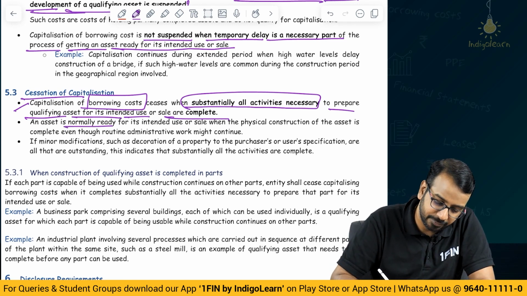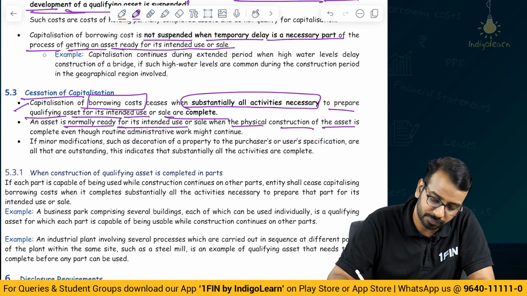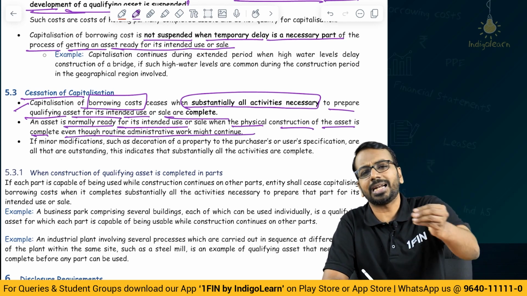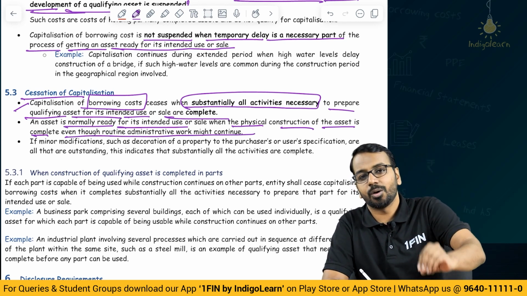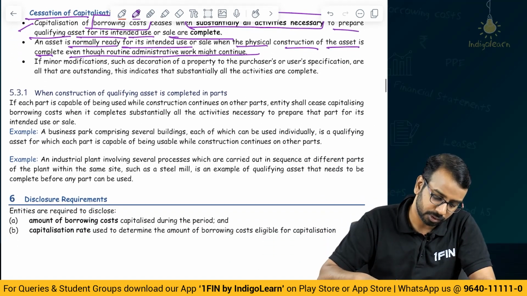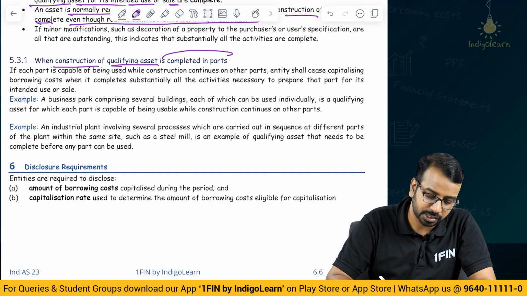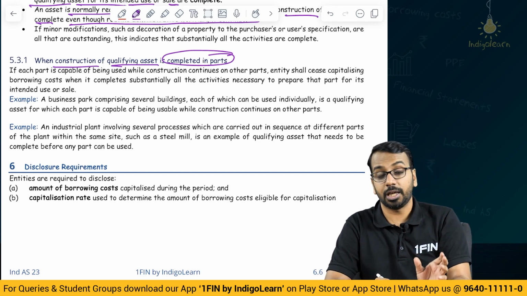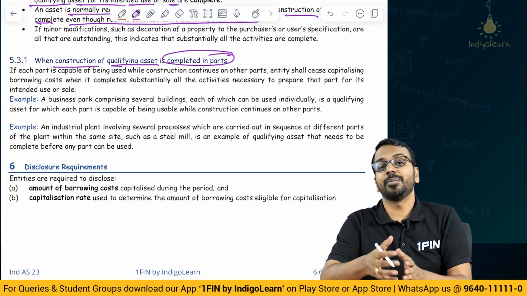An asset is normally ready for its intended use when the physical construction of the asset is complete, even though routine administrative work may continue. So some routine activities may continue, but once the asset is substantially ready, you will stop the capitalization of borrowing cost. If you have construction of a qualifying asset which is completed in parts, then you have to see whether each part can be independently used.